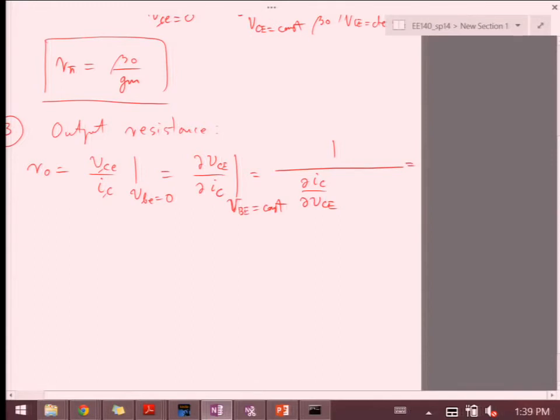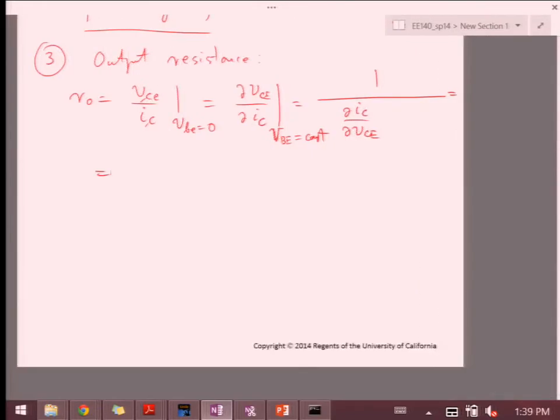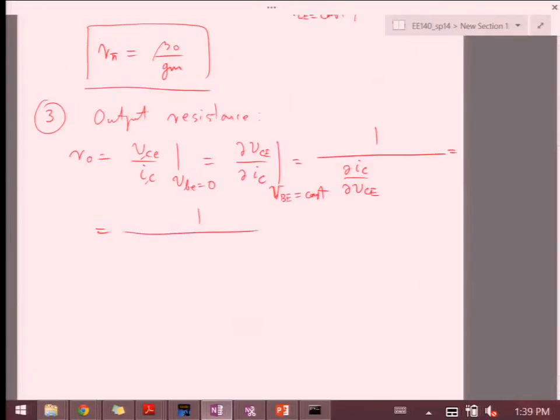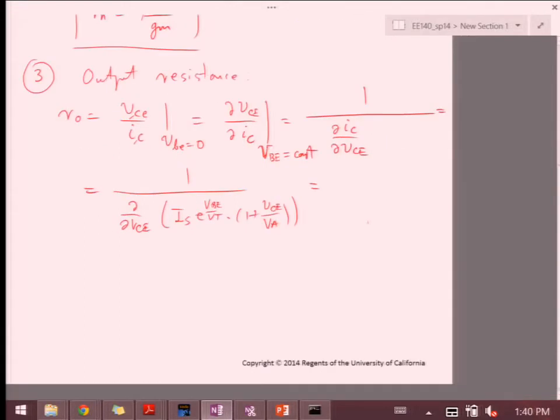So that will be 1 over IS E to the VB over VT times 1 plus VCE over VA. And if you do a little bit of calculus here, what you'll end up saying is that this is actually just VA over IC.